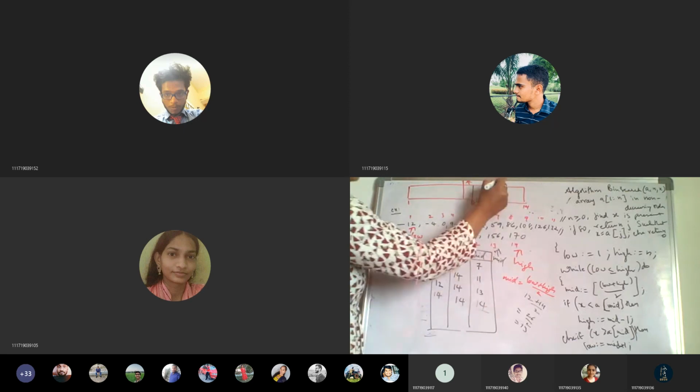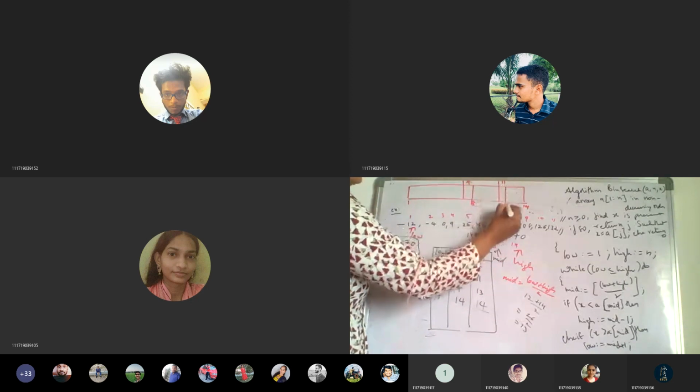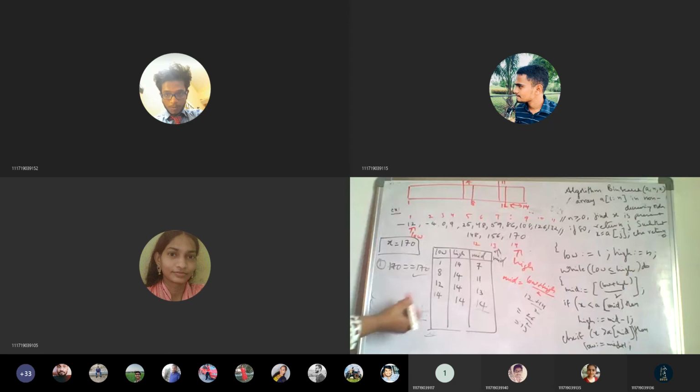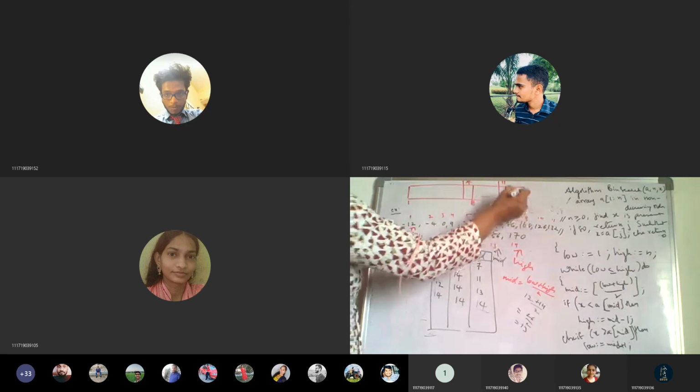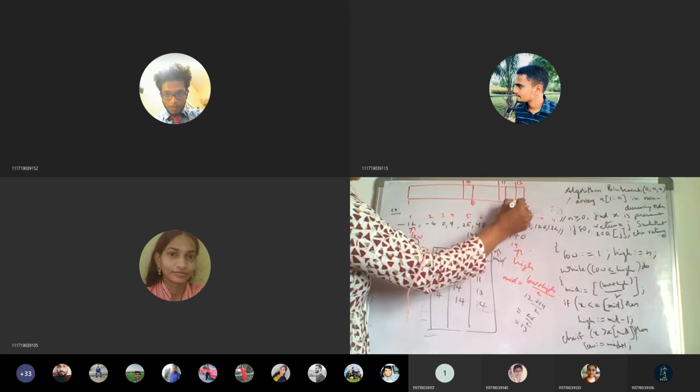Again in that, mid was 11. Again, where we have found it, the 12 to 14 range. Again mid was 13 and this was the range.